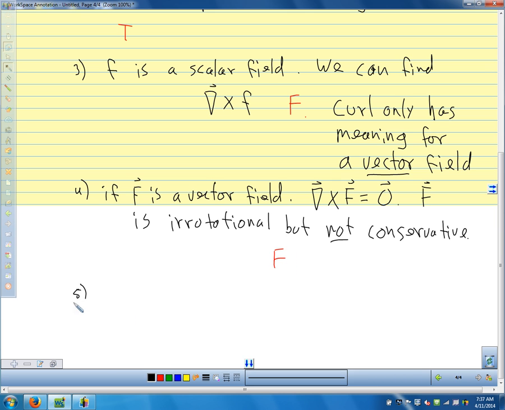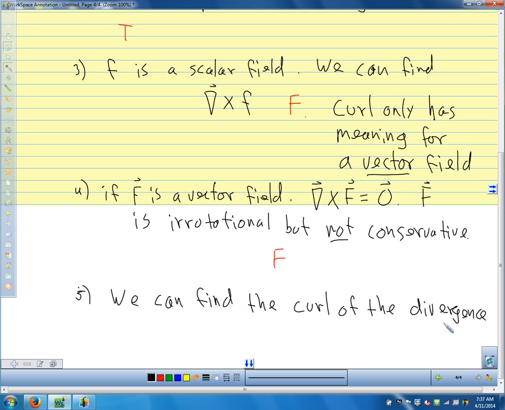Let me ask one more that was inspired by Will over there. We can find the curl of the divergence. So Will said, can we find the curl of the divergence?